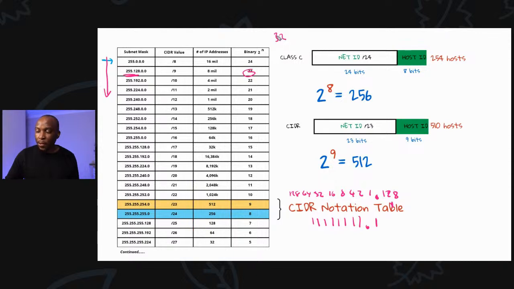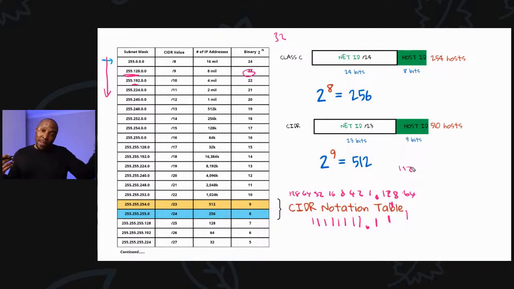So 32 minus 9 will give you 23. And then when you go to the next one, it's 192, meaning we're now using 64 and 128. And mathematically, when we add 128 plus 64, we get 192. So now our subnet mask is sliding based on the needs that we have.